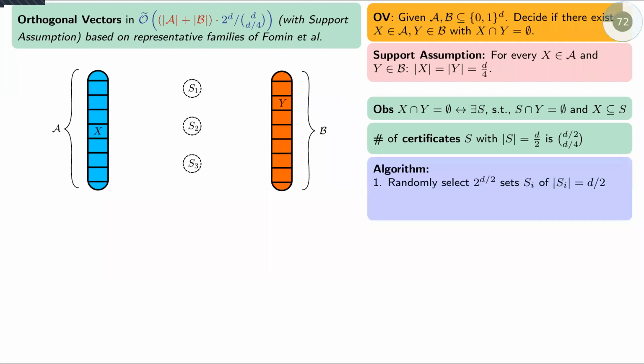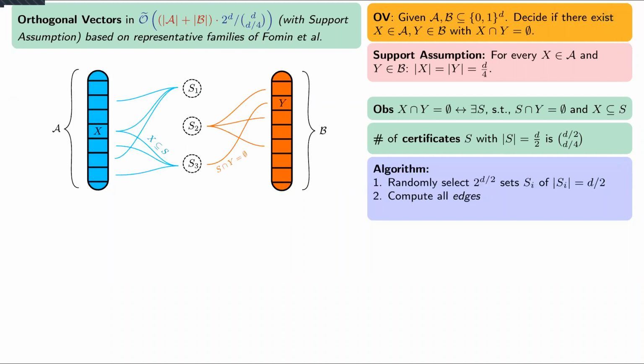Okay, and now let's see the algorithm. We are given the set calligraphic A here and calligraphic B here, and you are randomly selecting 2 to the d-half sets that are completely random of size d-half. Next you compute the edges.